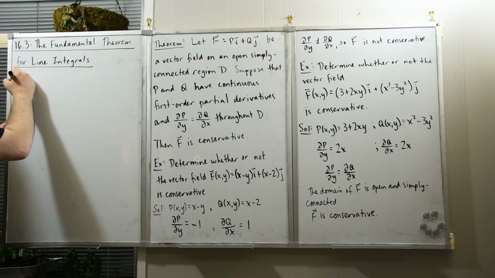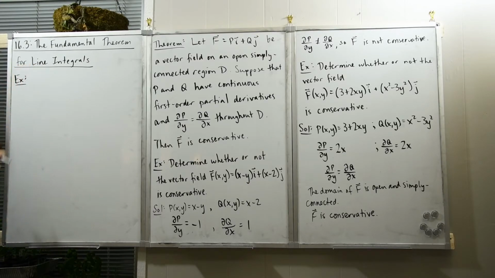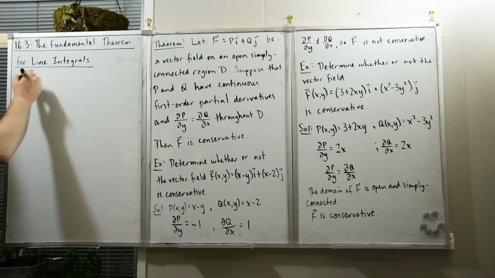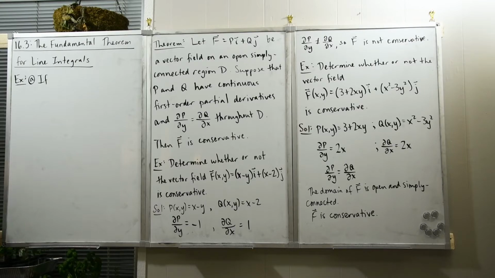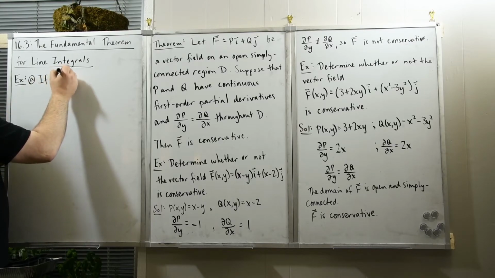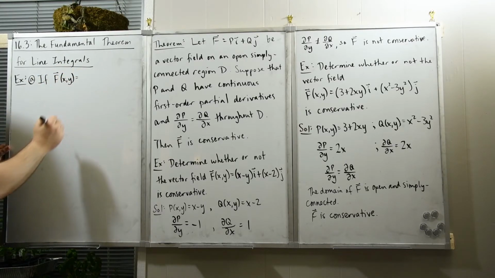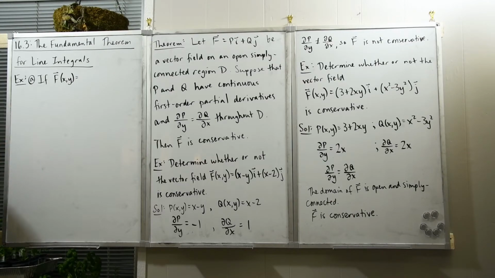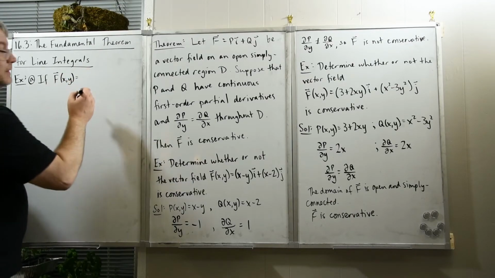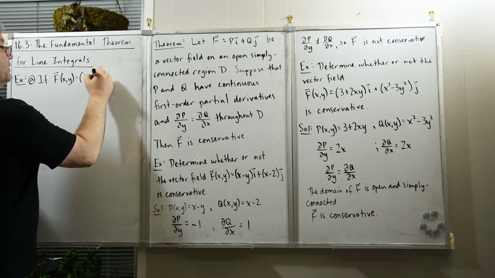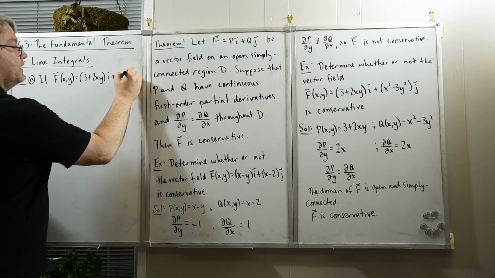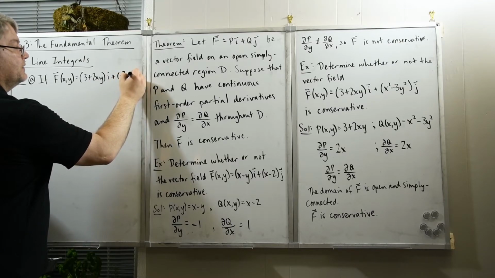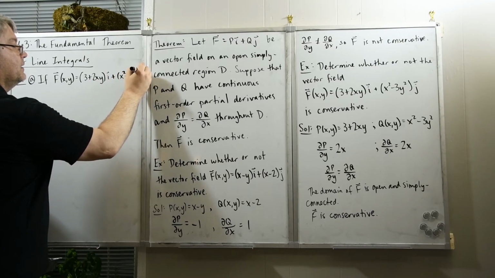Now, let's also consider the following. Let's say in part A, we're going to have F of x, y. Well, it's going to be the same vector field we saw in the previous example. So we have (3 plus 2xy) i plus (x squared minus 3y squared) j.